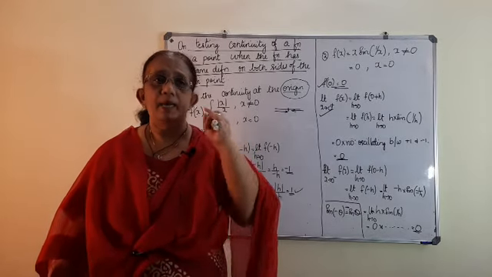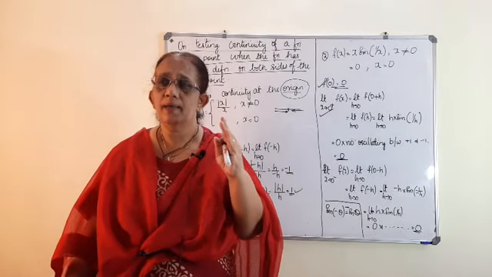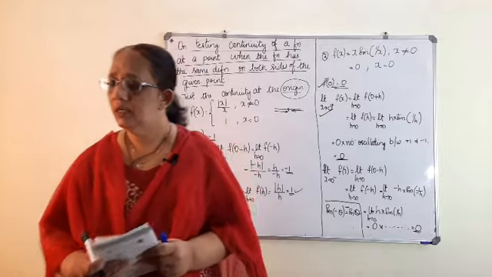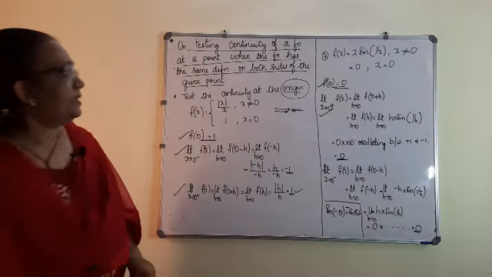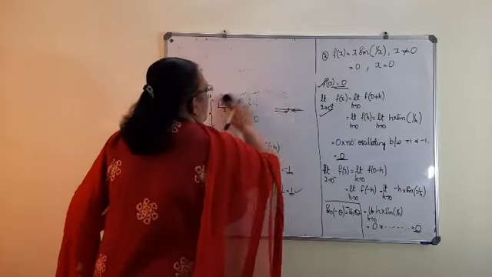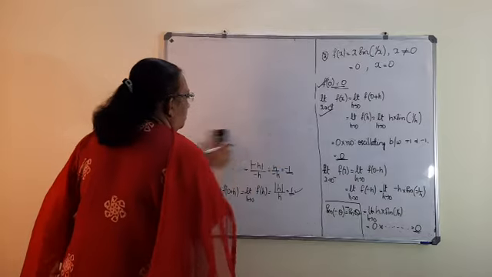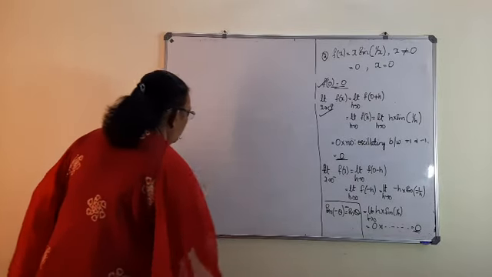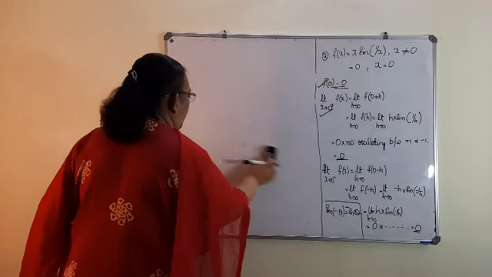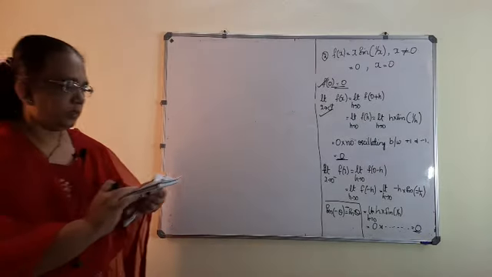The left hand limit, the right hand limit, and the value of the function, all these three are equal. That means the function is continuous at the particular point x is equal to 0. Easy, isn't it? You should understand the concept, then everything will be clear to you. Now, next one.